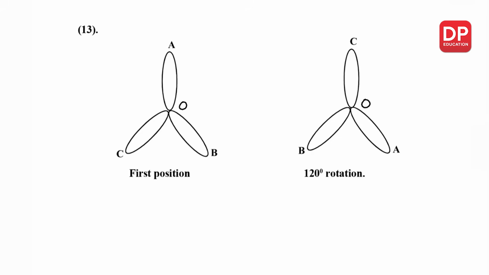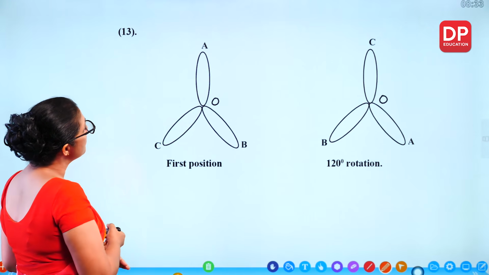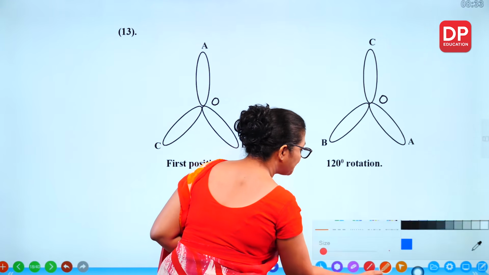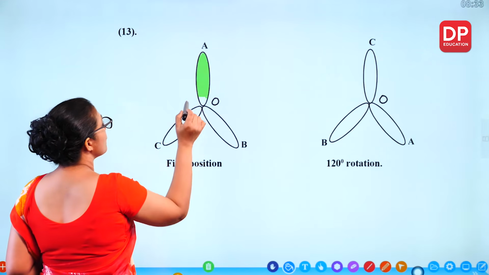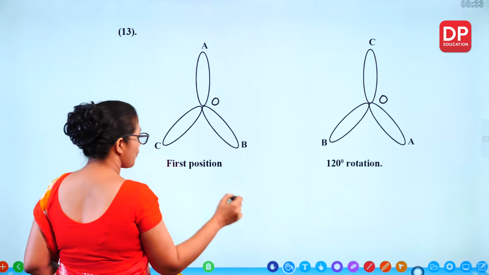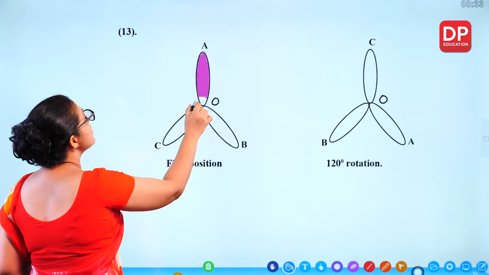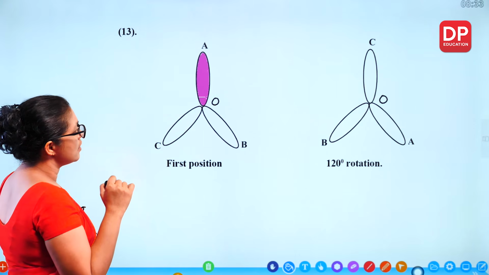Now we'll take this one. Now 3 petals are like that. So for the first position, we'll take another color, this petal. Okay, that's the first position.